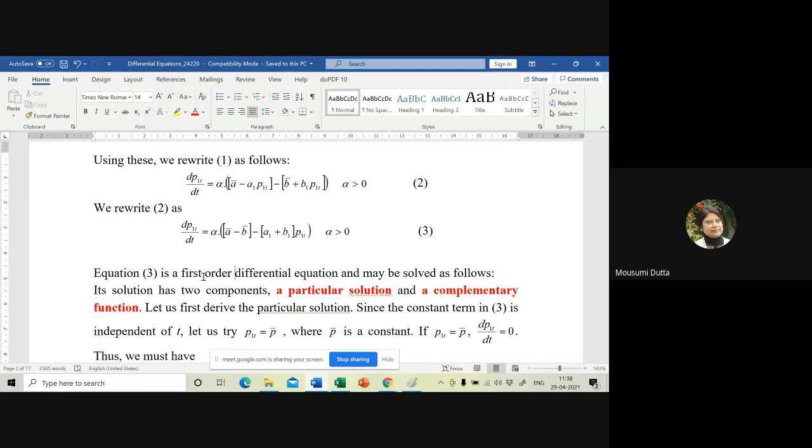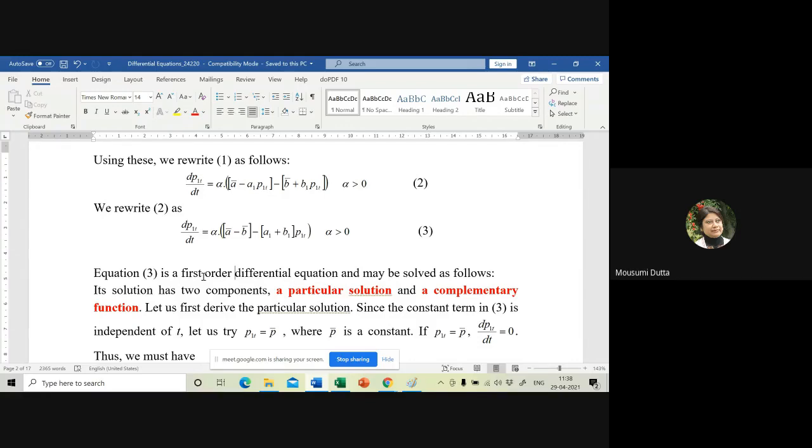So its solution has two components, a particular solution and a complementary function. Particular solution means the equilibrium price; it indicates the particular integral. Let's first derive the particular solution.